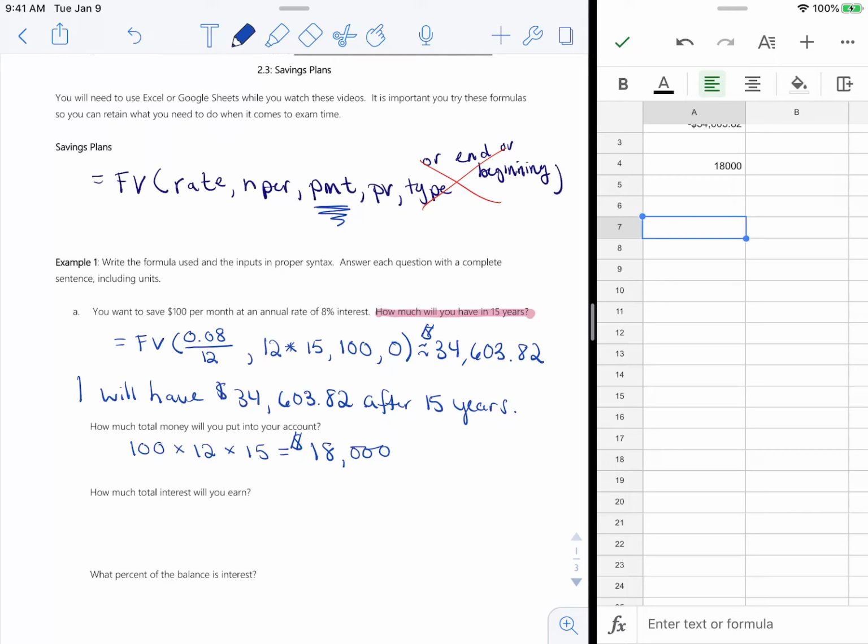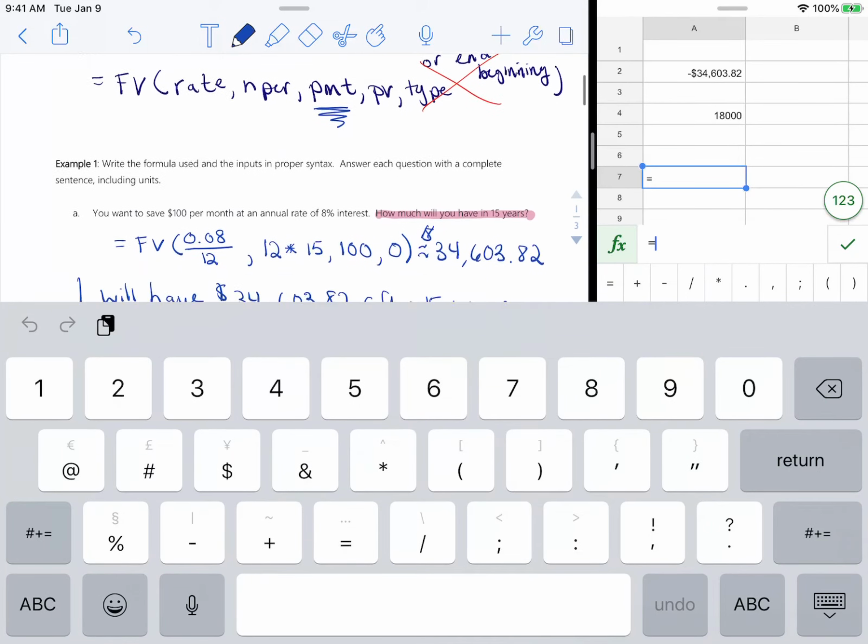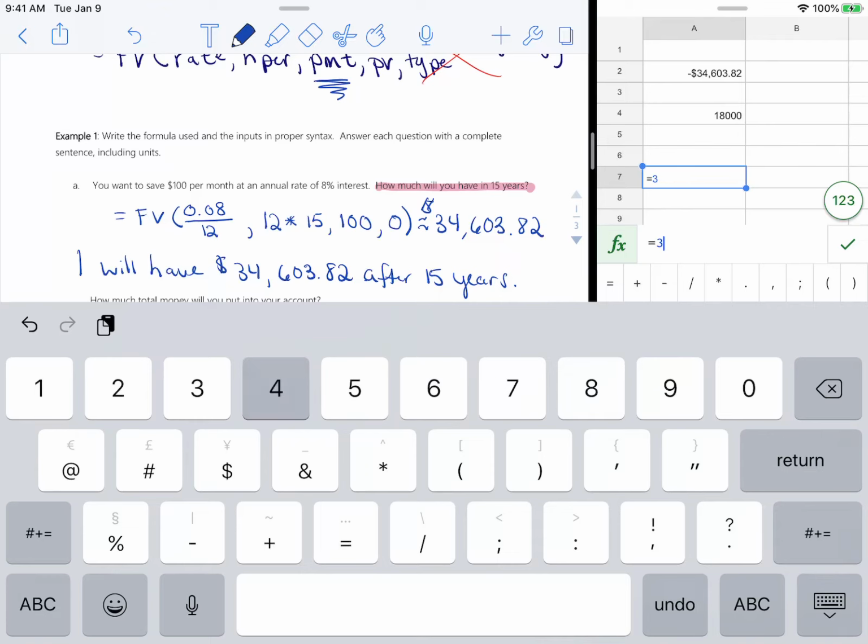Okay, well now, how much total interest will you have earned? And we did this in the last section. So you take how much you earned total, and you subtract off what you actually put into the account. So again, I'm going to rely on my good old Google Sheets. It's going to be 34,603.82, and I'm going to take away 18,000.